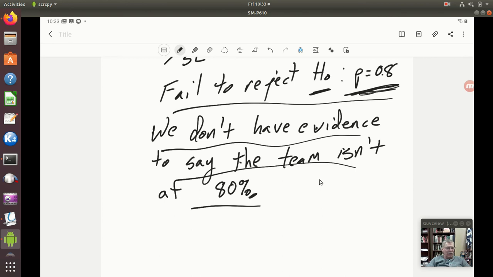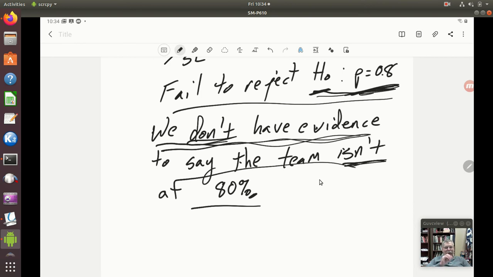A couple of negatives in there, right? We don't have evidence, so there's one negative. We don't have evidence to say the team is not at 80%, another negative. The double negative is sort of like saying it's true, like in math, where two negatives multiplied together make a positive. But remember, we tend to frame things in terms of the alternate, so we don't have evidence to say that H0 is false.